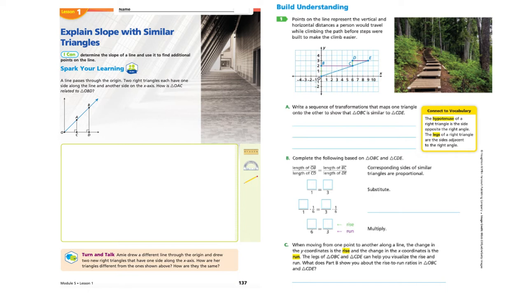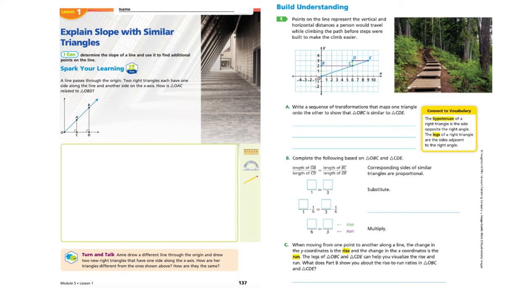So if we look at the build understanding, number 1 says points on the line represent the vertical and horizontal distances a person would travel while climbing the path before steps were built to make the climb easier. So they're going to be referencing this graph here. Write a sequence of transformations that maps one triangle onto the other to show that triangle OBC, so this triangle here, is similar to CDE, the smaller triangle here.